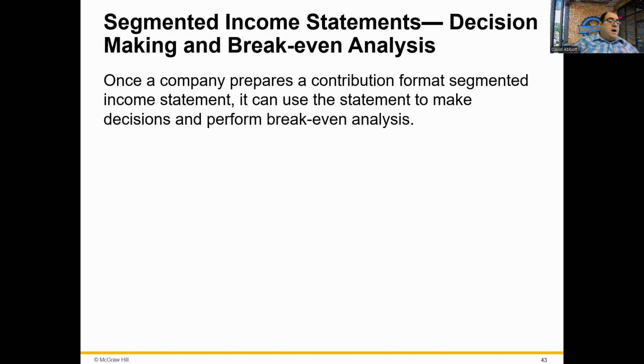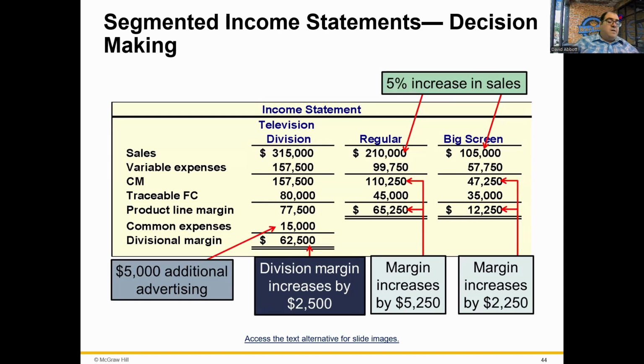Now, to illustrate how the television division's results can be used for decision-making, assume Weber believes that if the television division spends $5,000 additional dollars in advertising, it can increase the sales of regular and big screen televisions by 5%. Weber can compute the profit impact of this course of action as follows.